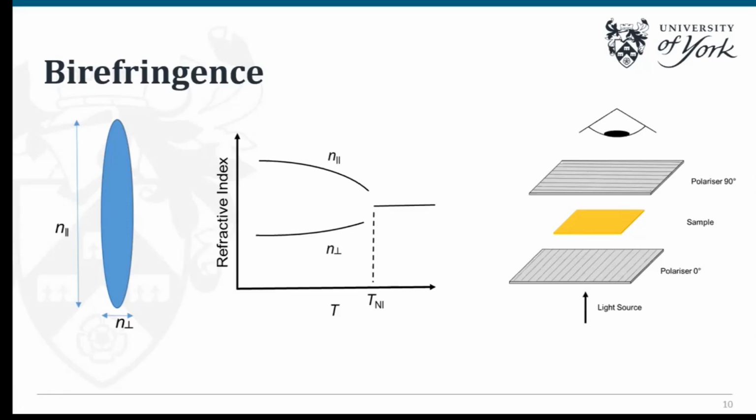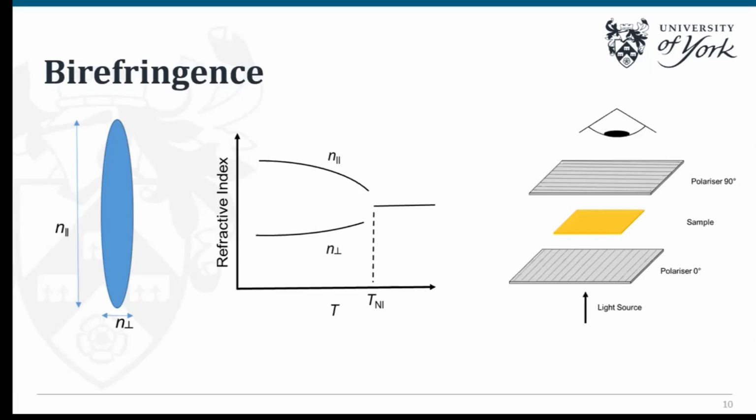However, when you have a birefringent liquid crystal phase, which has two refractive indices, the plane polarized light is split into two rays which travel at slightly different speeds and angles. That means that the plane polarization is lost, and when viewed through polarizers at a 90-degree angle, you see color.